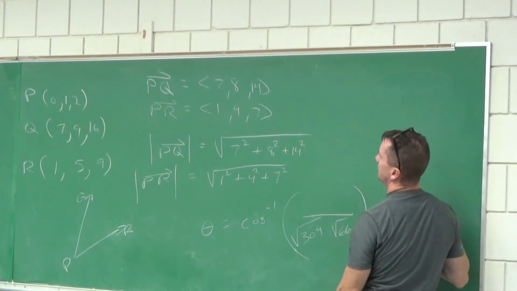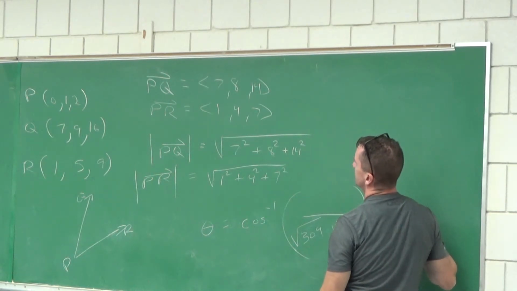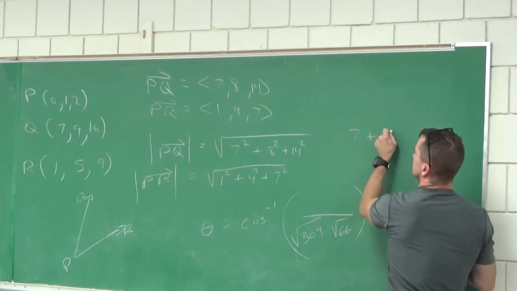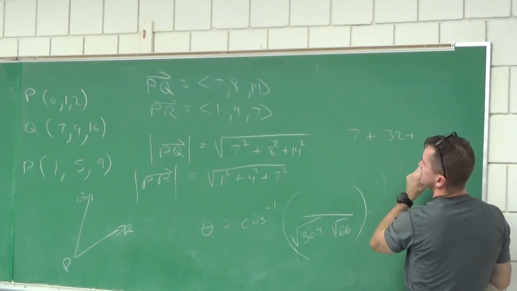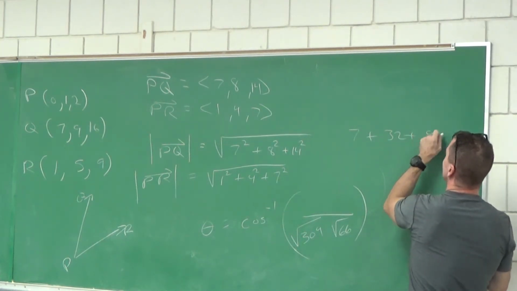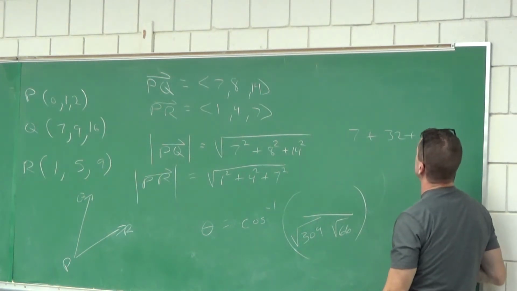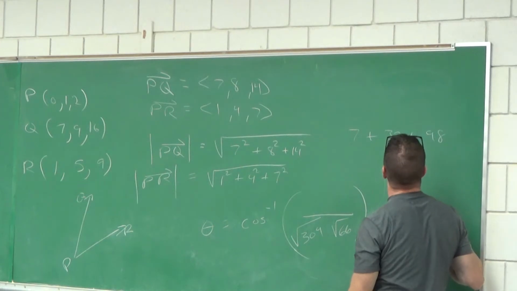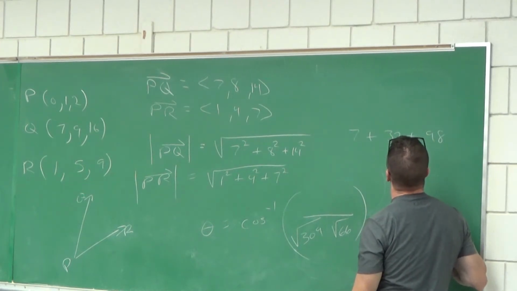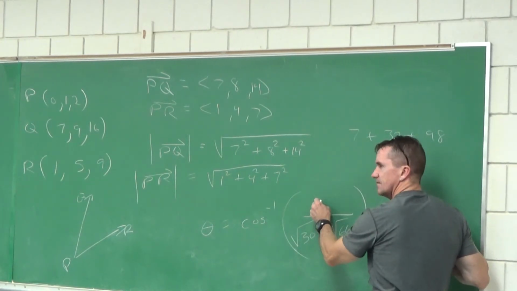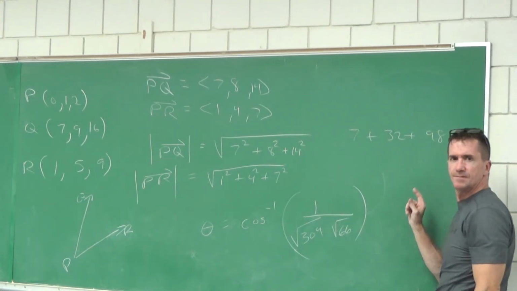Cool. Now what's the dot product? 7 plus 32 plus, what's that, 98? What's that come out to be? Is that 137? Is that right for the dot product? I'll let y'all check that.